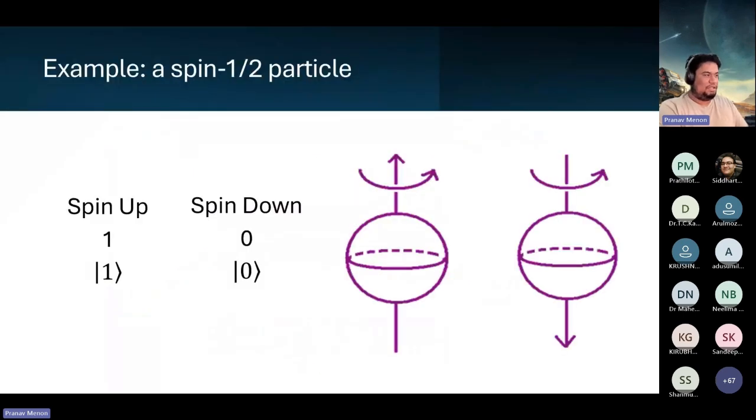Like I said, in this situation I'm using a specific orientation of qubits, where the spin up is a 1 and the spin down is a 0. These are called half spin particles, and these are basically created out of photons.